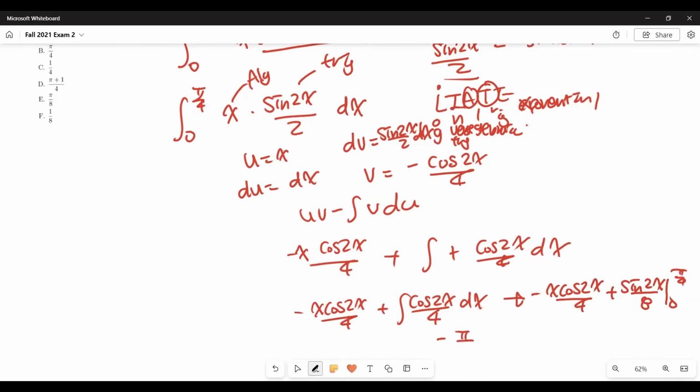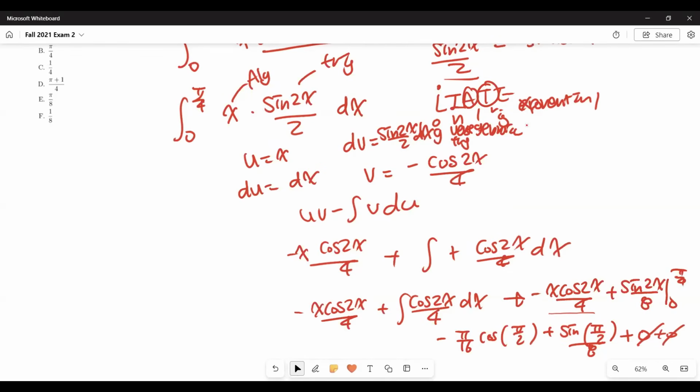Negative pi over 16 cosine pi over 2 plus sine pi over 2 over 8, and then 0 is just 0 for the negative x term, and sine 0 is also 0, so 0, 0.